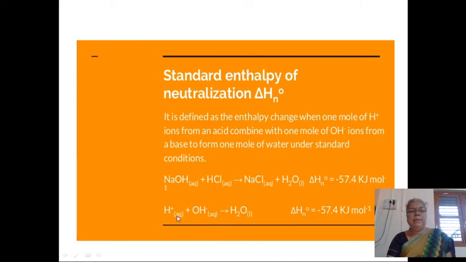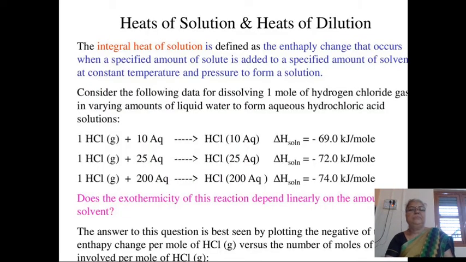And again here the H plus combines with OH minus ion, it produces H2O, and here the delta H n is equal to the same value, minus 57.4 kilojoule per mole. This is the standard enthalpy of neutralization, that is the reaction between acid and base.